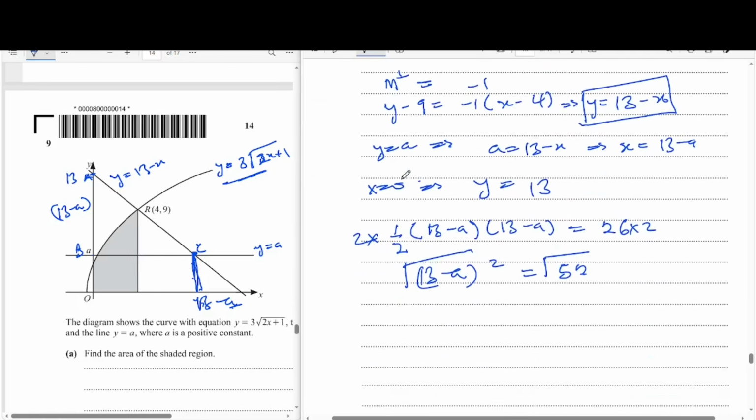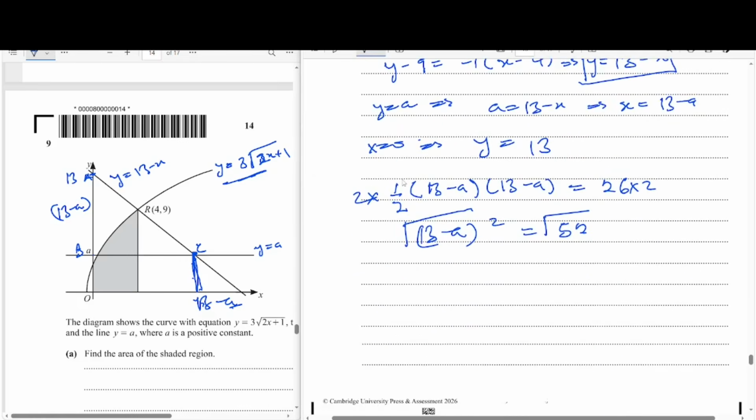Anyway, a is positive, right? So we are going to only use the positive root of 52. So we have 13 minus a is equal to root 52. Root of 52 is root of 4 times 13, so that is 2 root 13.